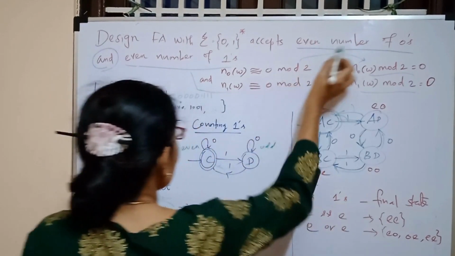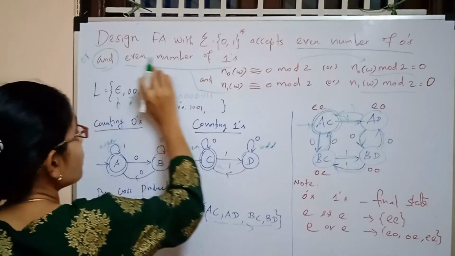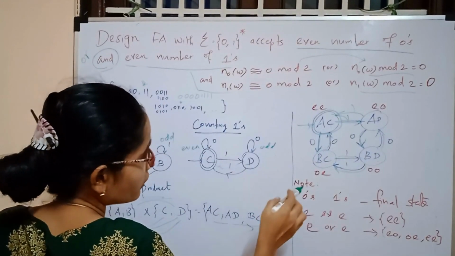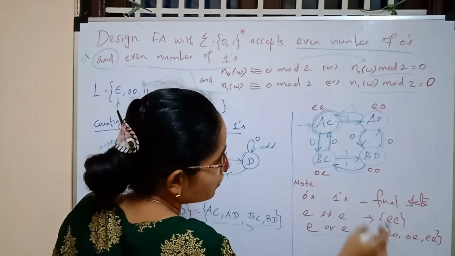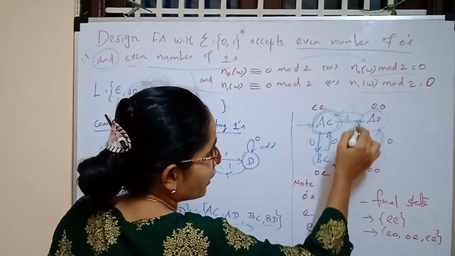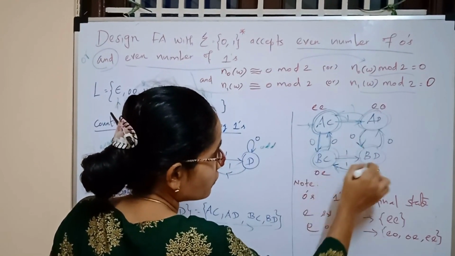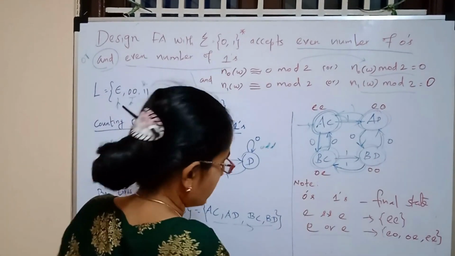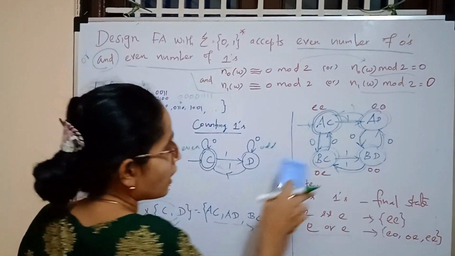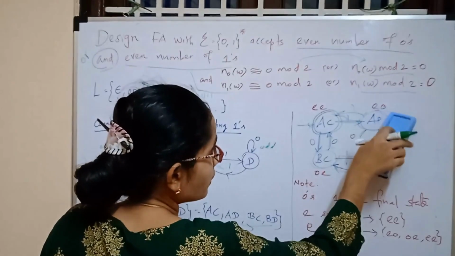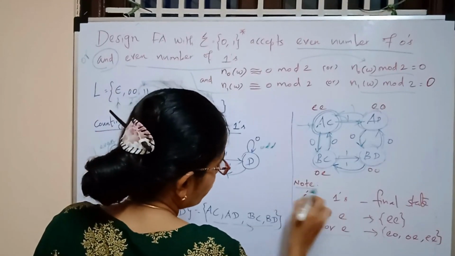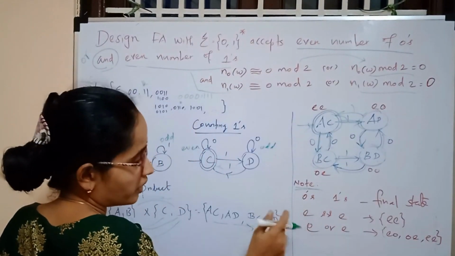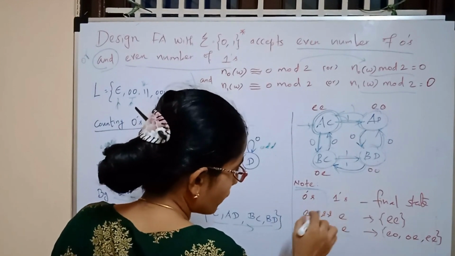If they were asking for an even number of zeros or an even number of ones, then all of these, either-or cases, would become final states. But now, this will not be a final state, only this case, AC, will be a final state, okay. So this is the note you have to make, that is zeros and ones.